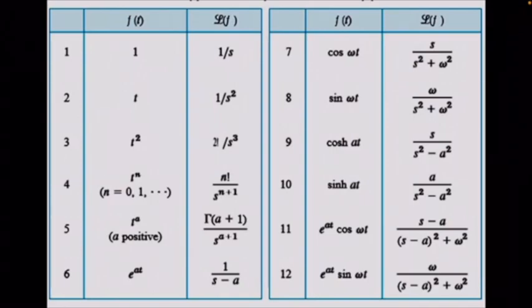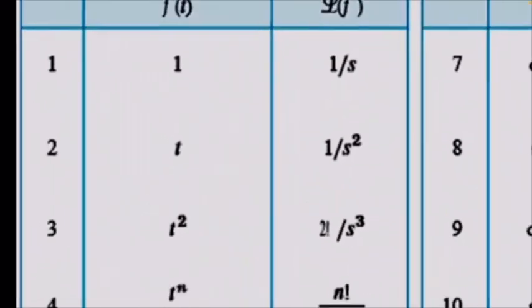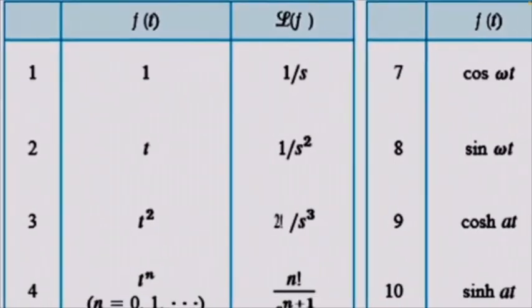For formula number 1, the Laplace transform of 1 is 1 over s, which we derived in our first example. Number 2, the Laplace transform of t is equal to 1 over s squared. Formula number 3, for t squared, its Laplace transform is 2 factorial over s cubed.